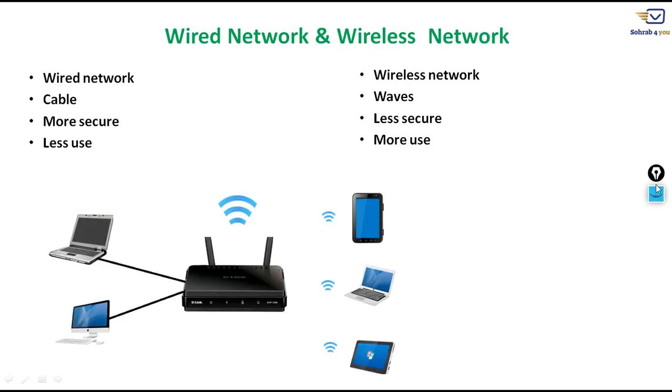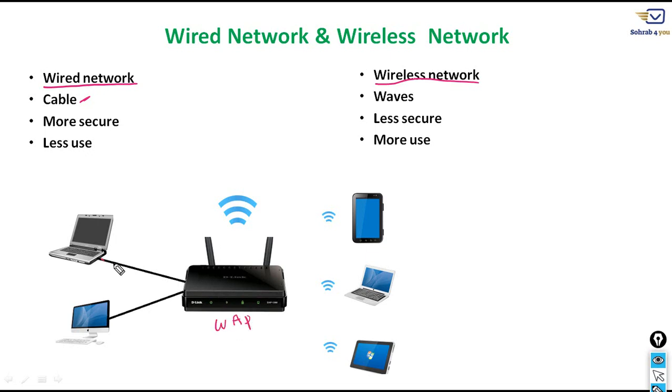The next topic we are going to discuss is wireless network and wired network. Two things: wired network and wireless network. From the term, wired means any network which connects via cable. Now you can say this is our wireless access point.